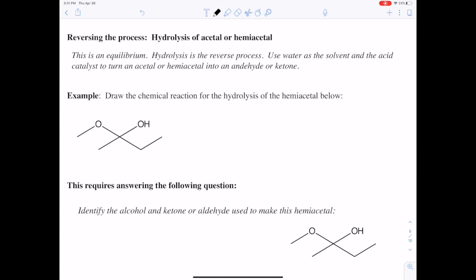So how can you look at a hemiacetal and tell what it was made from? Well, you look for the carbon that is a hemiacetal carbon. That's the one that has the OH and the alkoxy group, a methoxy group in this case.